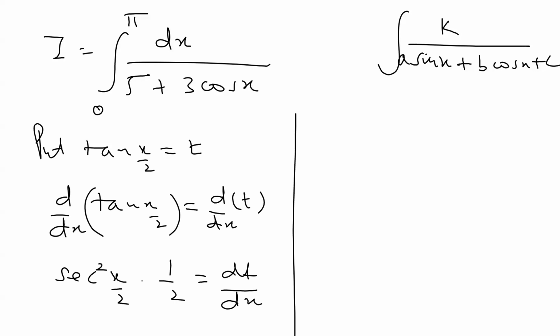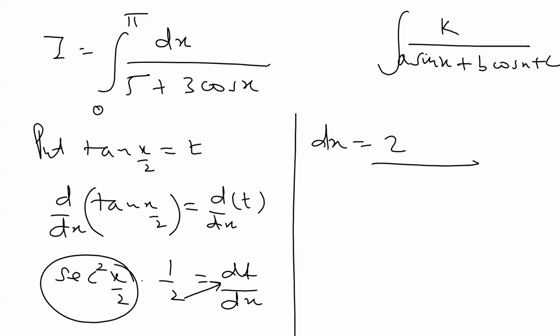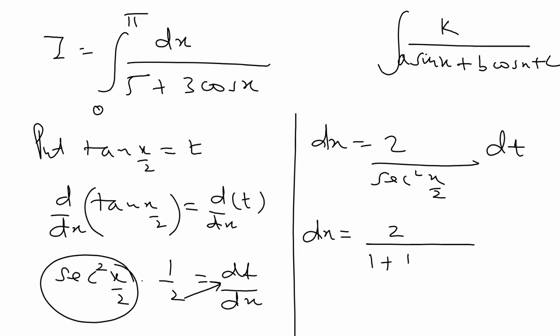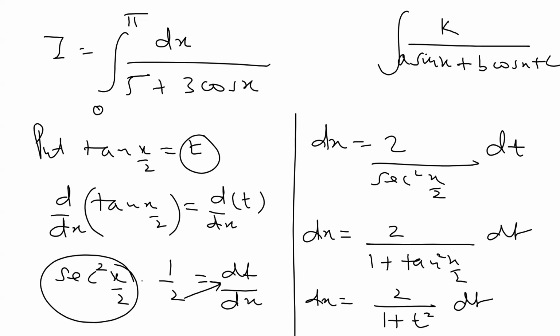There is no sec square x by 2 in the question, so I just shift it on the left hand side. 2 will also go and sec square will go down, dt. Now sec square x by 2 is 1 plus tan square x by 2, identity. But tan x by 2 is t, so this is going to be 1 plus t square. So dx is 2 upon 1 plus t square.